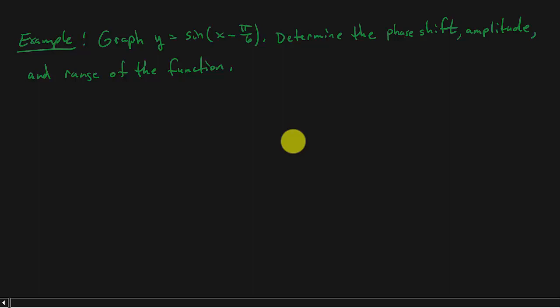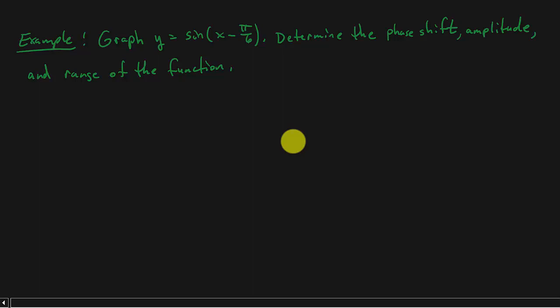All right. Now, remember what I told you. The period for sine x and cosine x is 2 pi. All right. And we graph it from what? From 0 to 2 pi. That's what we've been doing the whole time. 0 to 2 pi.